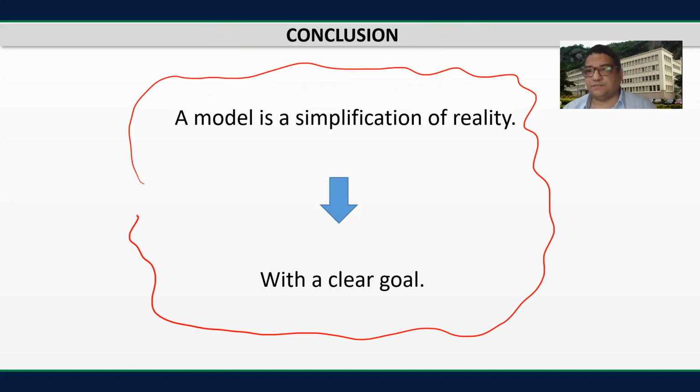That's it. If you think about the Guanabara Bay and the sailor, if you think about Newton's second law, I'm sure that you will understand that the model is a simplification of reality with a clear goal. So that's it.